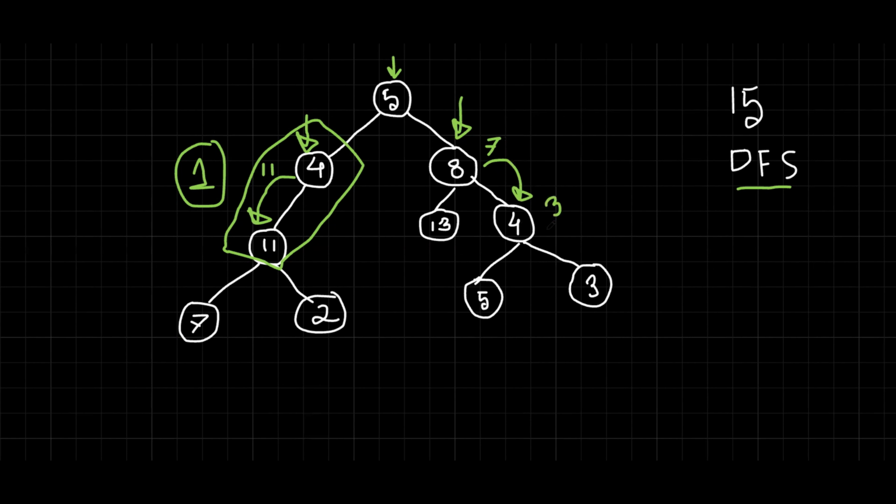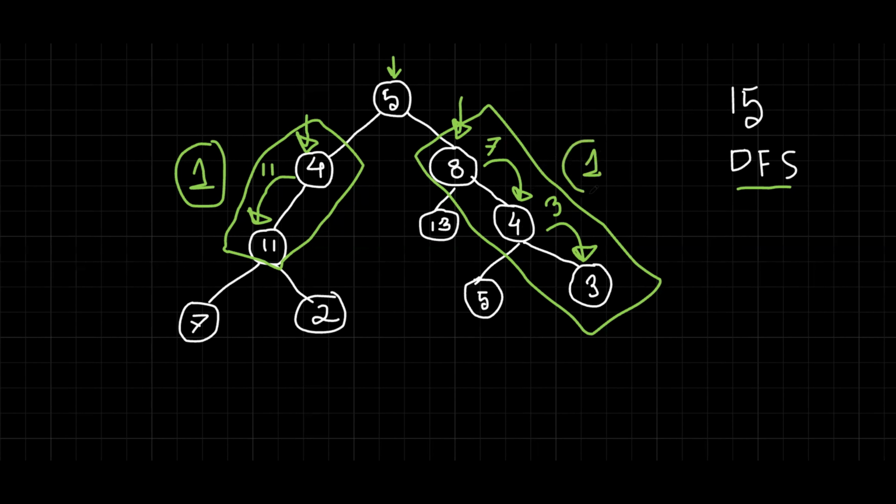Now from this 4, our call will be in this node 3. And here we can see that the node value, which is 3, is exactly equal to the required value 3. That means we have found another path, where the summation of all of the node values will equal 15. So it is another path.